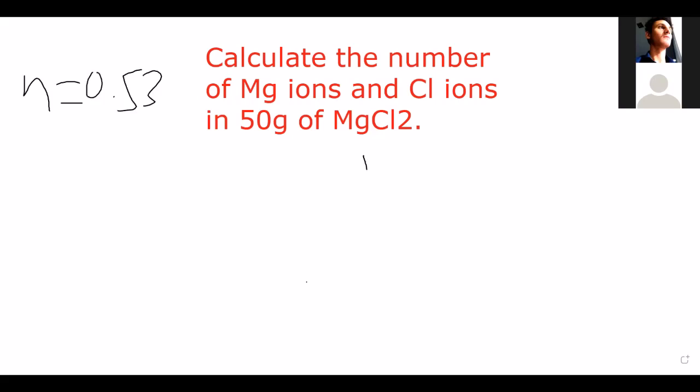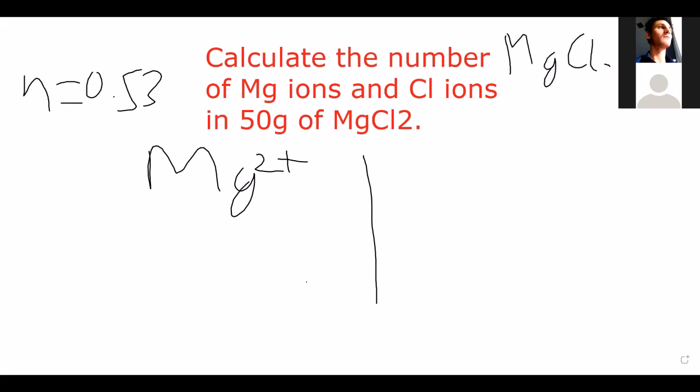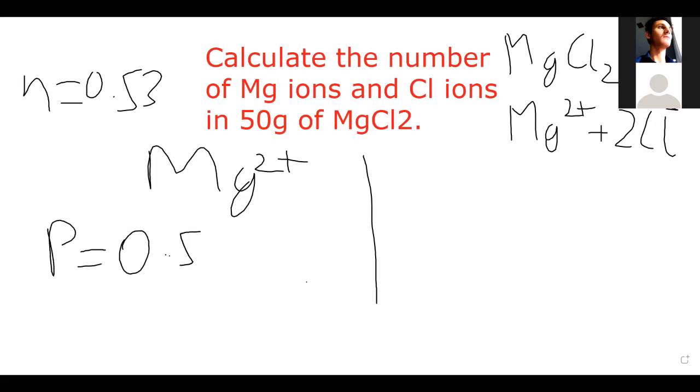Now to find the number of magnesium 2+ ions, since in the equation that we had made the ratio of magnesium chloride to magnesium ions is 1:1, the moles of magnesium ions will also be 0.53. Now to find the number of ions of magnesium, we'll multiply the number of moles with the Avogadro constant.